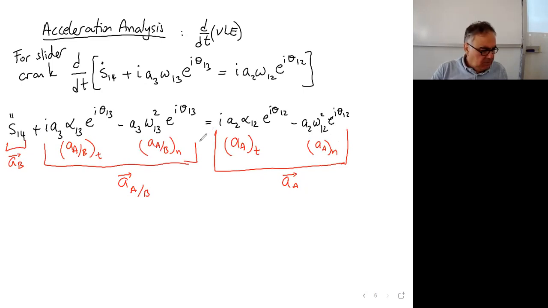Well, this is one thing. What we can do is separate this equation into real and imaginary parts, so write it in terms of sines and cosines, or you can use the conjugate of this. Let me write down the conjugate. Your book does that, so let me.